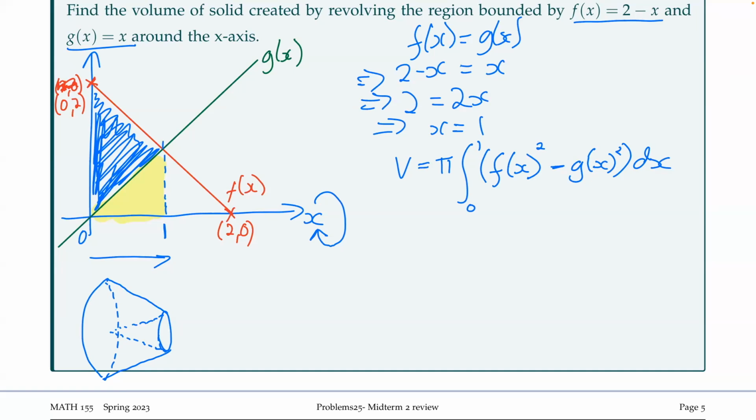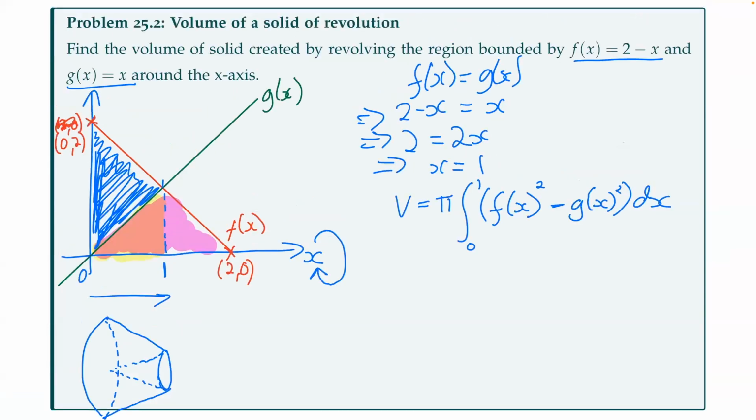Okay, eagle-eyed among you, a very good question I had was, why do we not calculate the volume based on this area down here? It's a very good question because the question's actually misworded.